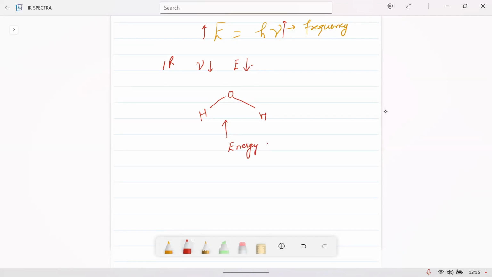Is the bond going to break? Is the change of state going to take place? Is it going to lose an electron? What happens when you supply energy to any molecule depends on the amount of energy supplied.